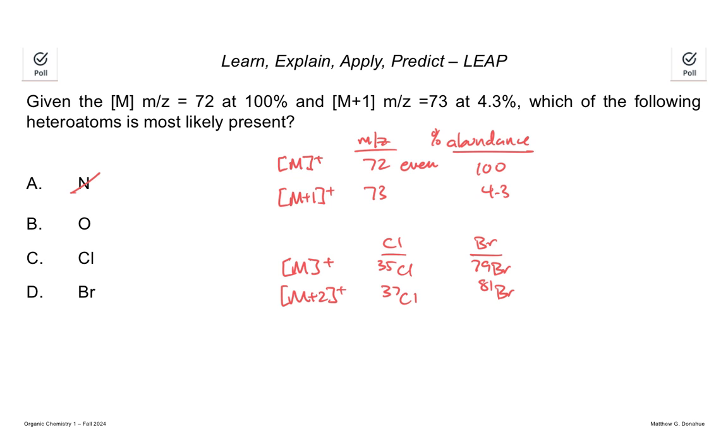This +1 right here, again, that's from the C13 contribution. Question? What does that say about the 72 and the 73? M to Z. And so, furthermore, we said chlorine would be in a 3-to-1 ratio, bromine 1-to-1. Now, how that translates into these abundances.